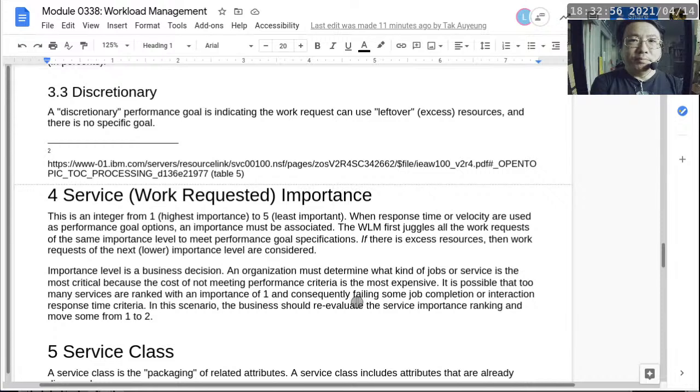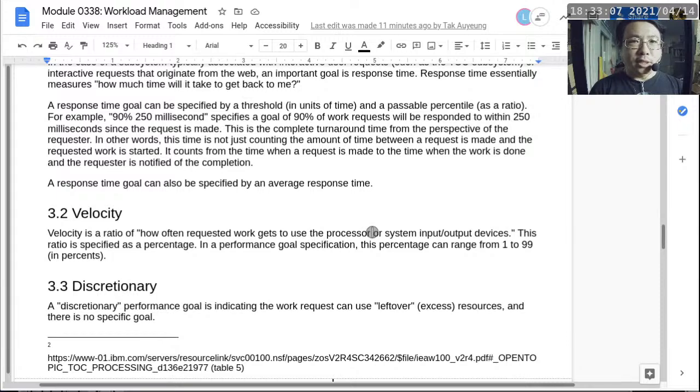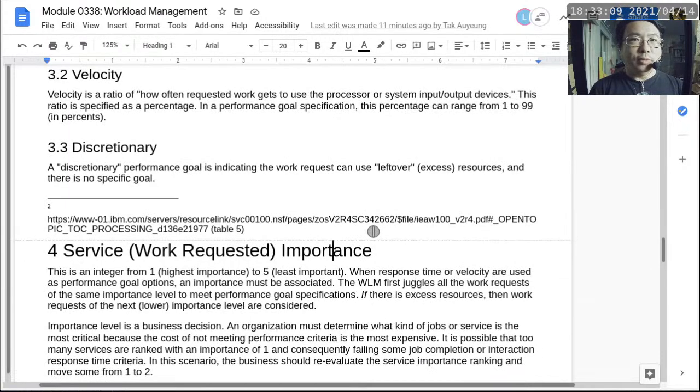So I think it's a tough job to determine importance and velocity in the setting of a WLM by just reading the service level agreement between CDT and their clients, because now it's a question of how do we balance these things, right? Does that make sense?